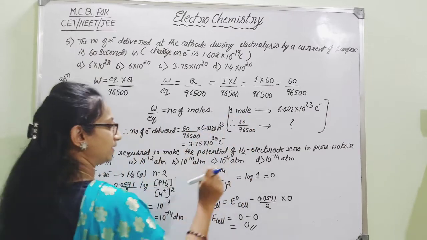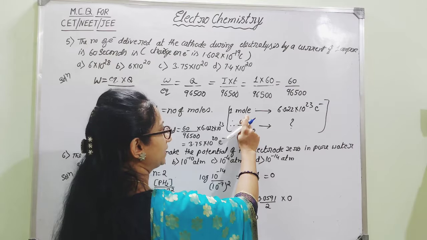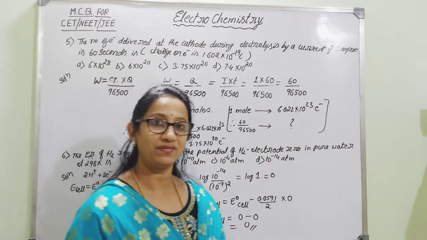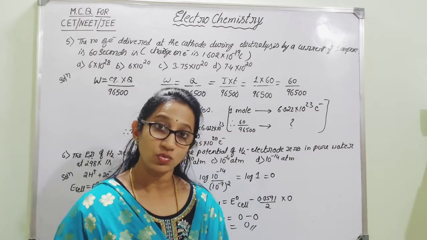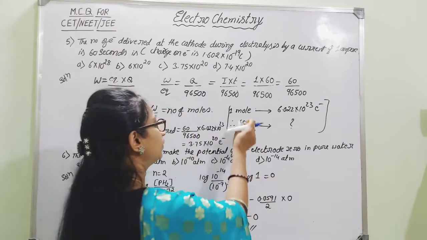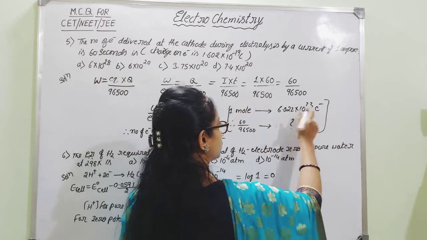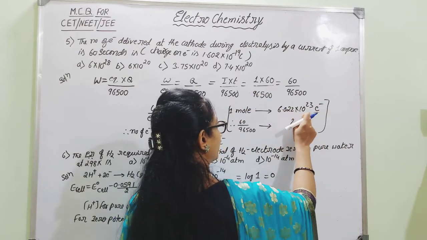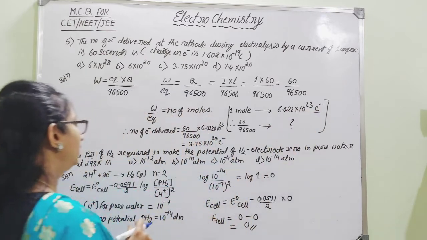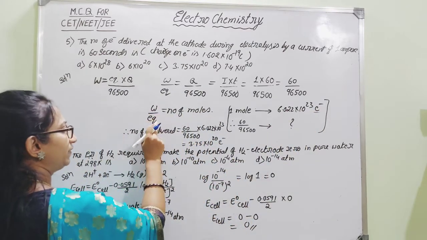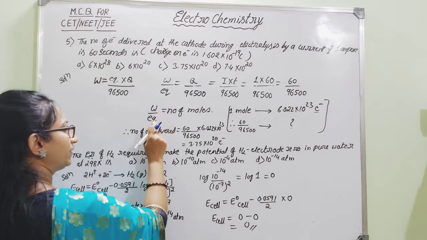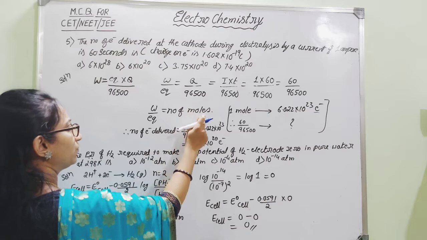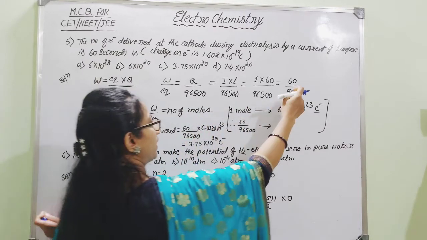For any substance, 1 mole contains Avogadro number of particles. So 1 mole of electrons corresponds to Avogadro number of electrons, that is 6.022 into 10 power 23 electrons. Therefore we have got the value of the number of moles.